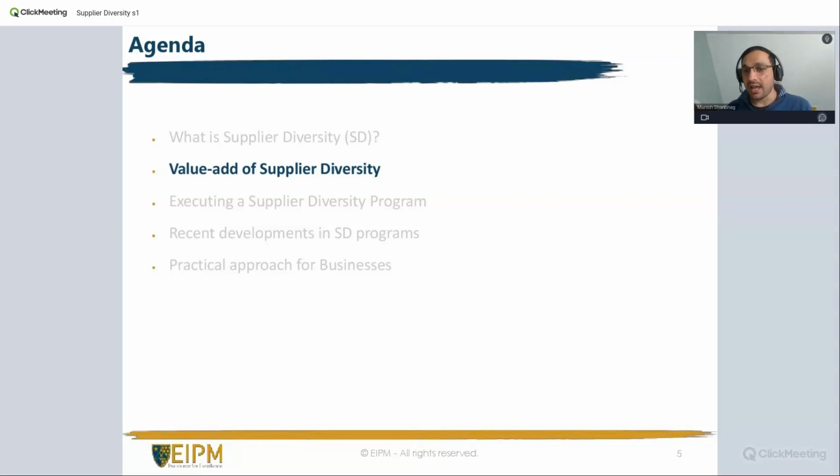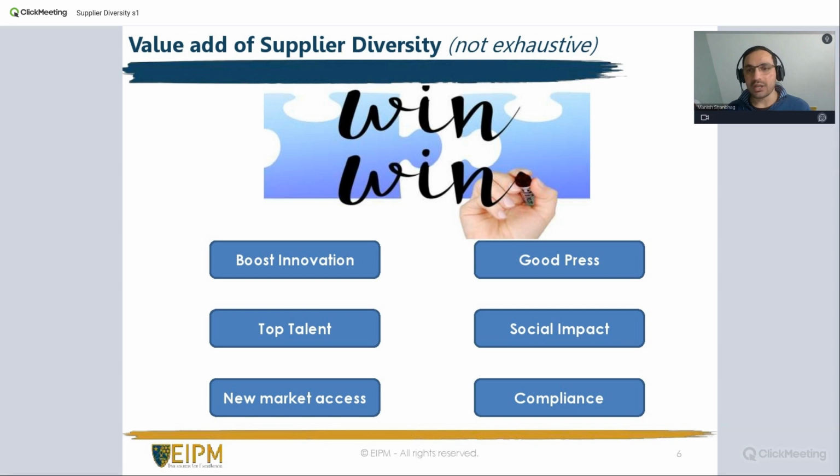And as a buyer or as a seller, we need to identify these what we call win-win situations. Okay, I've identified 6 elements here. So this is not exhaustive, as I mentioned. Just identified 6. There could be plenty other benefits that might be a result of your supplier diversity programs, right? But it's a win-win on both sides. That's the key.